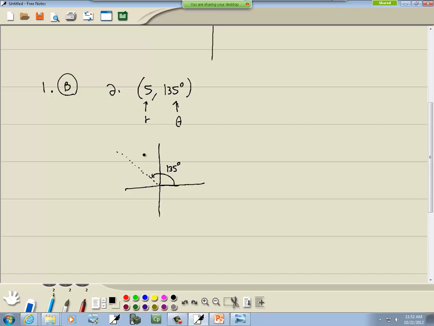Now, since this is a positive 5, that means we'll go out a distance of 5. So this distance right here would be a distance of 5, and this would be our point. Again, we went 135 degrees, and then we went a distance of 5. Since it was positive 5, we went out this way. If it had been a negative 5, we would have gone down here to quadrant 4.